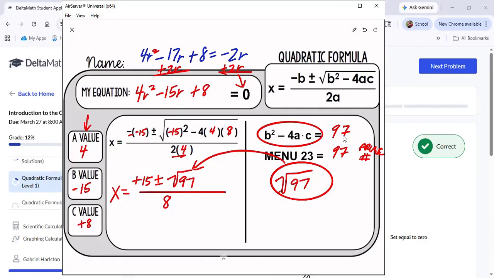We're going to find out, is it a perfect square? If it's not a perfect square, is it something that we can simplify? In this case, it was not a perfect square, and it was not something that we could simplify, so we just left it as the square root of 97, right? And that's your answer. But remember, you always have to check this b squared minus 4ac part to know what you need to do next.